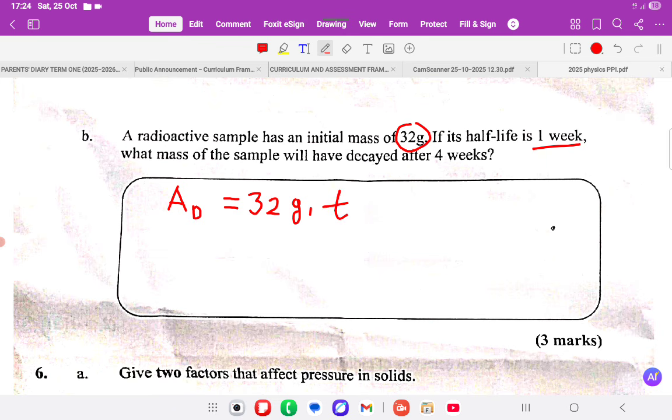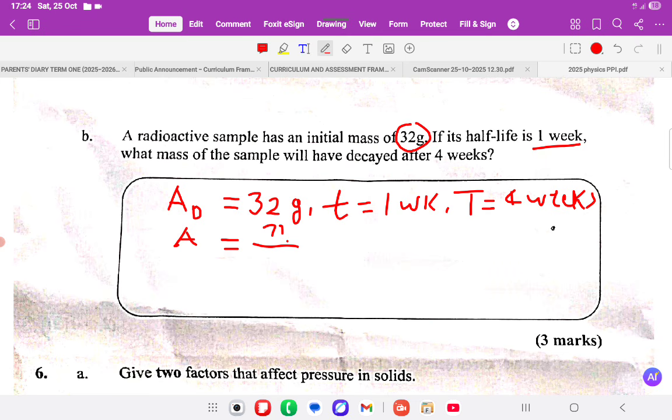So the half-life is 1 week. The time given is 4 weeks. And we are asked to find the remaining amount. Let's call this A. This we are not sure about, and we are asked to find it.